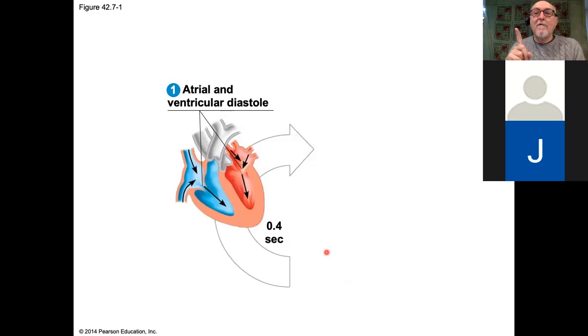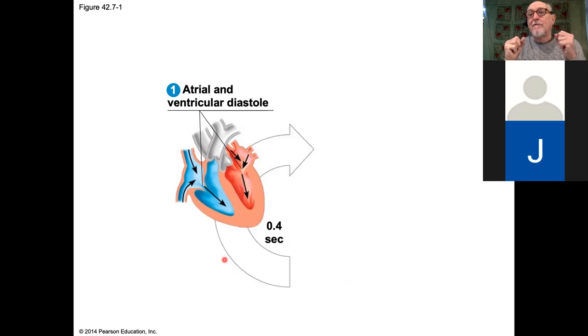Obviously, the beating of the heart has to be carefully synchronized in order to do this properly. And if this beating of the heart goes wrong, which it can sometimes do, it is a critically dangerous situation, because then the body is not being supplied with oxygen properly.